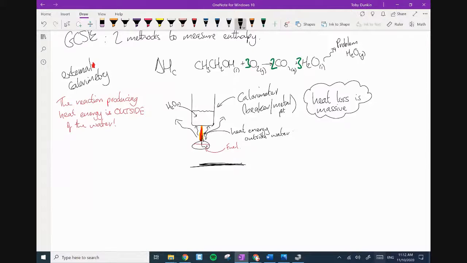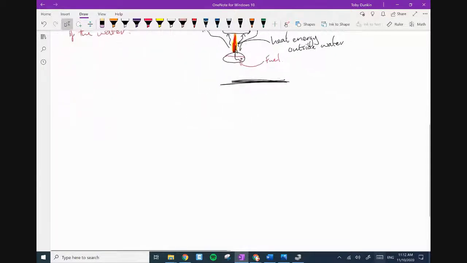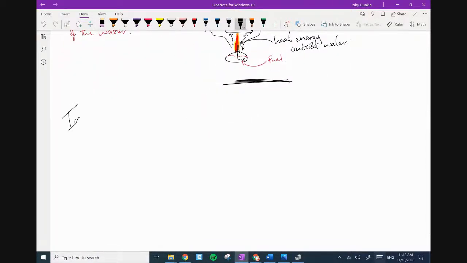We can talk about that method later on, but I just want to do a bit of a summary today. So then there's internal calorimetry.